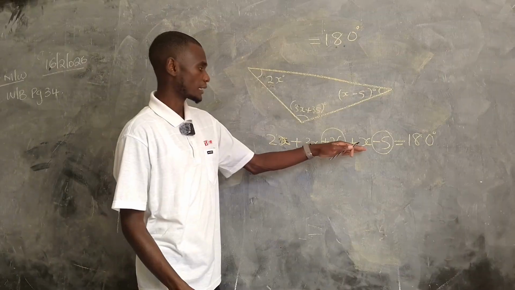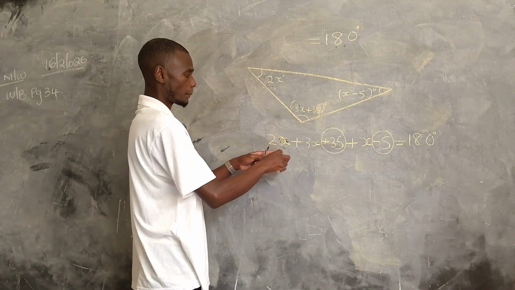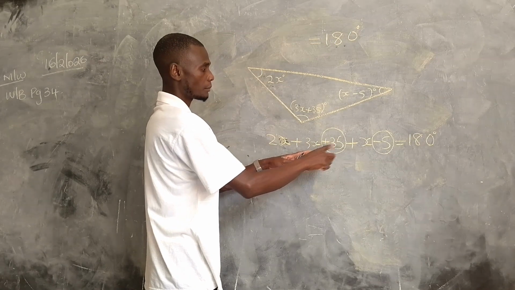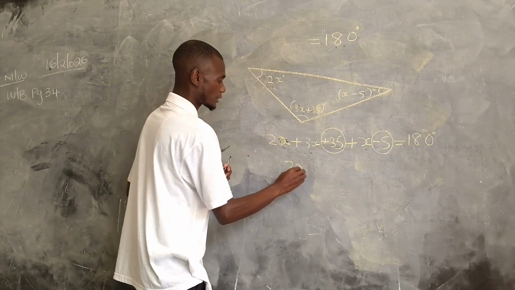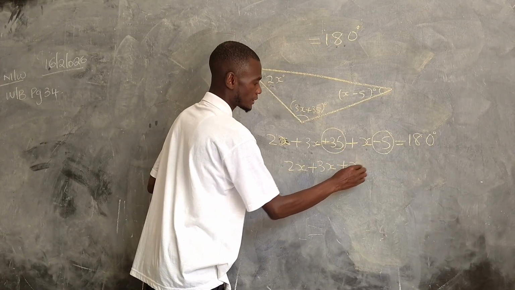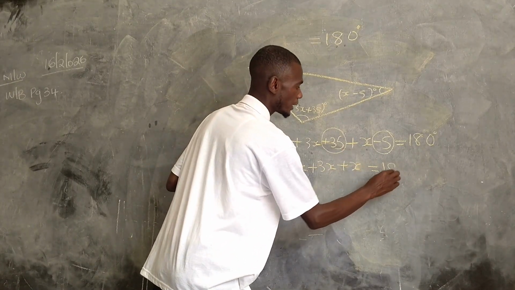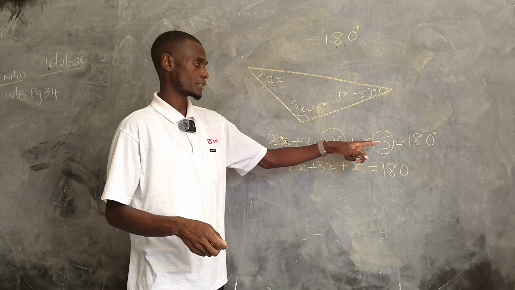Then the remaining letters are here. If you look at the letters, we have 2x plus 3x, then plus x. So we'll have 2x plus 3x plus this x is equal to 180.